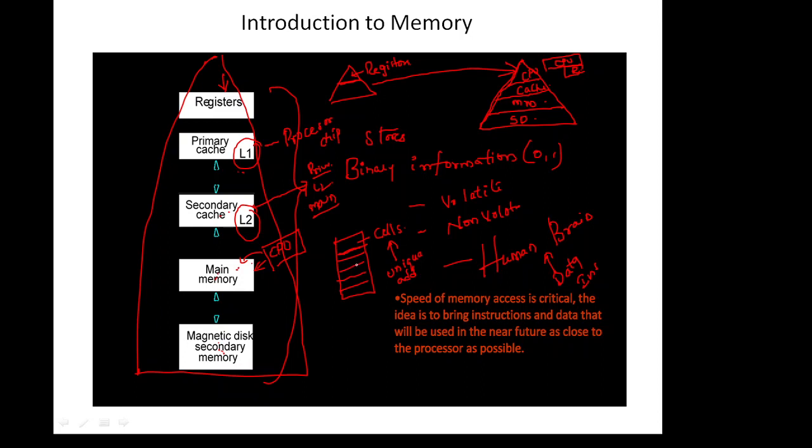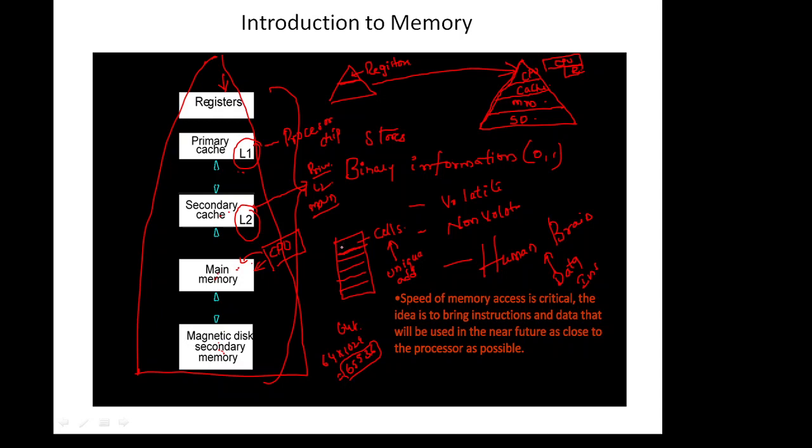Suppose, for example, our computer has 64K. Then this memory unit has 64 into 1024, which equals 65536 memory locations. Fine, this is how you are going to calculate the memory address.